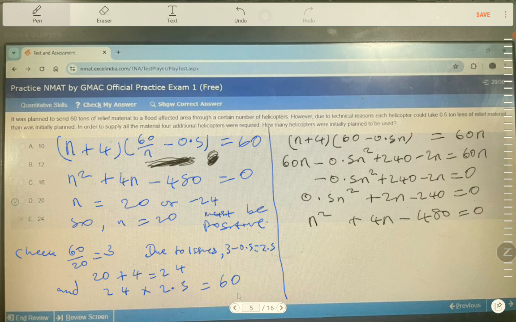If we add those two numbers together, it will give us 4. Those two numbers will be 20 and 24. Since we have plus 4, the larger number we carry plus, so that will be n plus 24 bracket n minus 20 equals 0. So here n equals minus 24 or n equals 20. But remember that we cannot have a negative here. So n equals 20, so 20 becomes the answer.